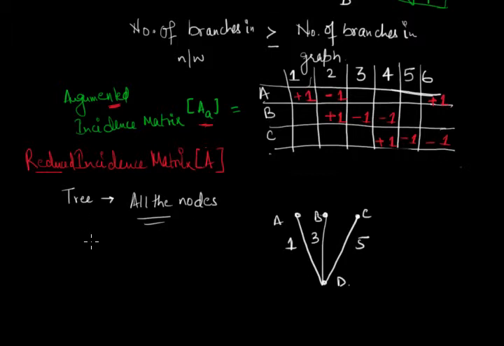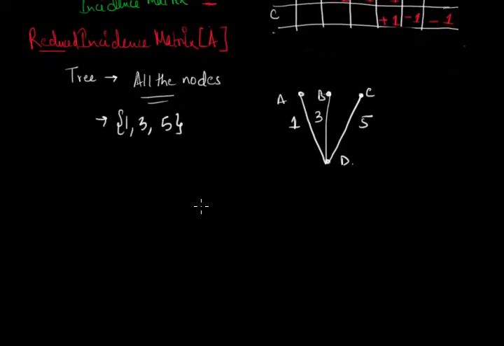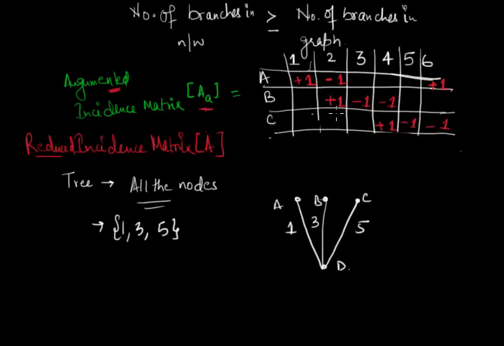So my tree here is 1, 3 and 5. There are many combinations possible for a tree, but the thing we should remember is that the incidence matrix for a network is unique.